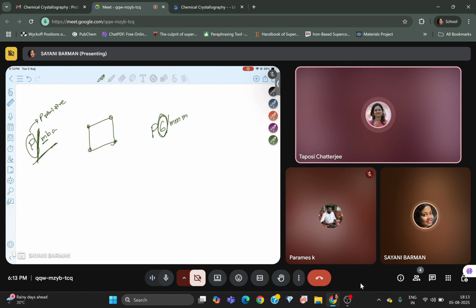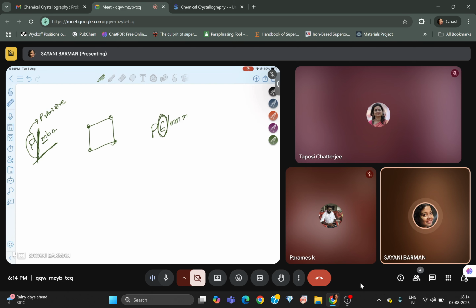And in every space group, you can see that there must be a P or C or I or F, like C for centered, F for face centered, I for body centered. And for mmm, this is simply a mirror. How can you understand?